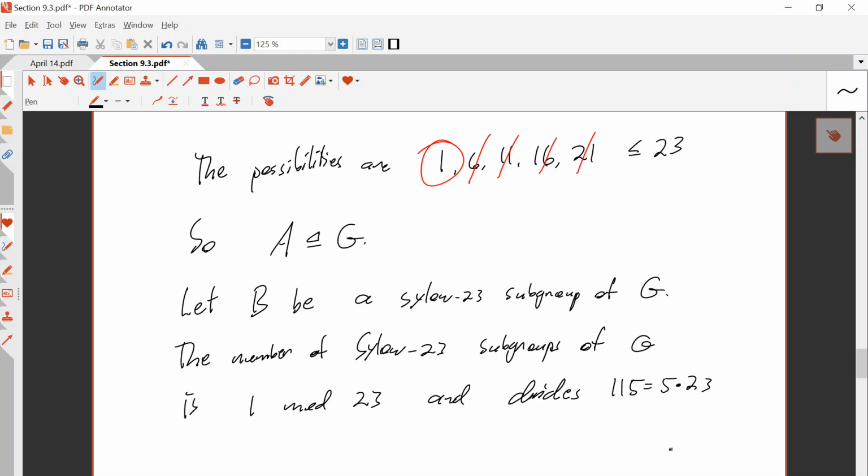Well, if you're going to be 1 mod 23 and you're going to divide, well, you have to divide 5, because 1 mod 23 never divides 23. So 1 mod 23 that divides 5 is only 1. The only possibility is 1. So B is a normal subgroup of G.